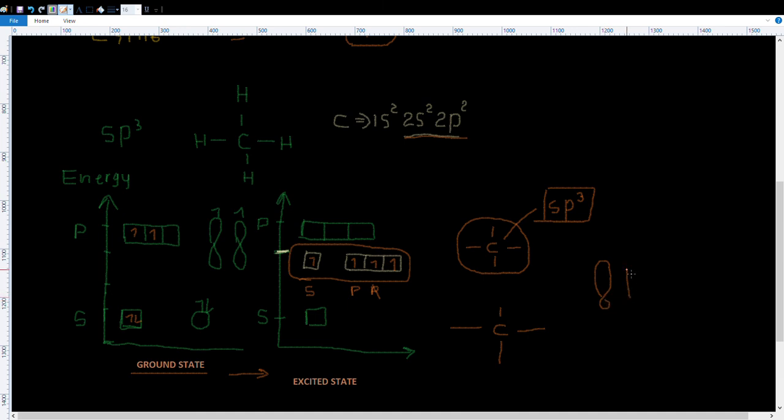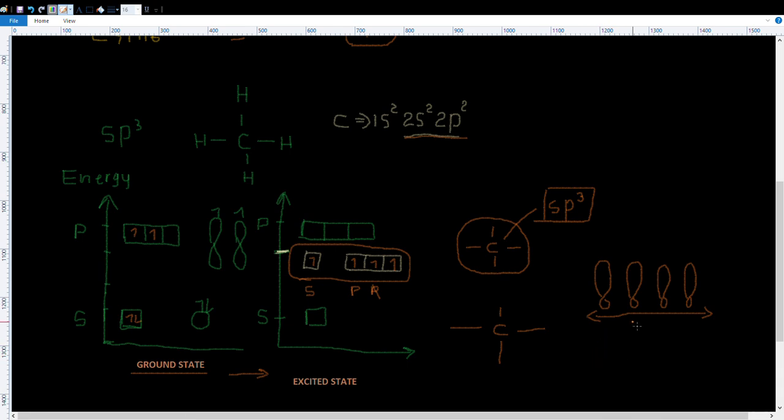It's a combination of an s orbital and a p orbital. My diagram is not identical, but you can see roughly they are identical. They are not different like this, right? So this is how these orbitals are going to form.